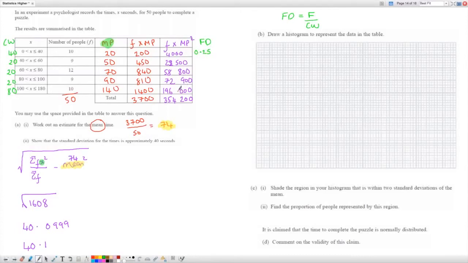Then we have 9 divided by 20, 0.45. 12 divided by 20, 0.6. 9 divided by 20 again, so 0.45. And lastly, our frequency 10 divided by 80, 0.125.